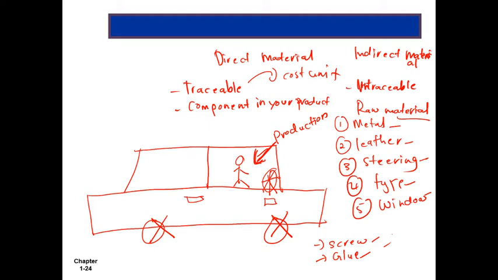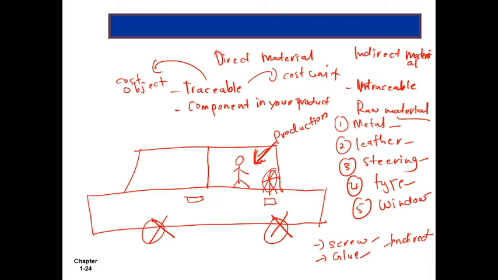So we call it indirect. When we talk about traceable, it is traceable to be included or calculated into a cost object. Okay, this is one example.